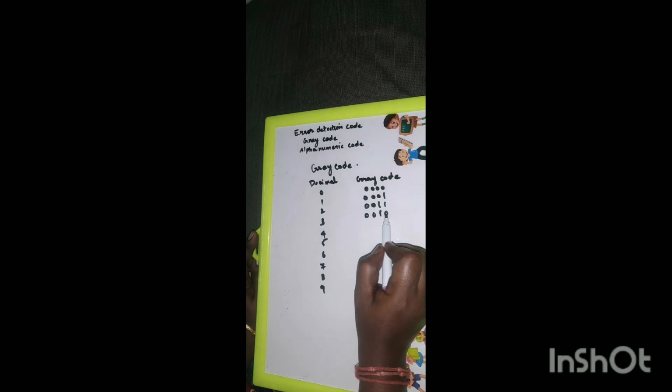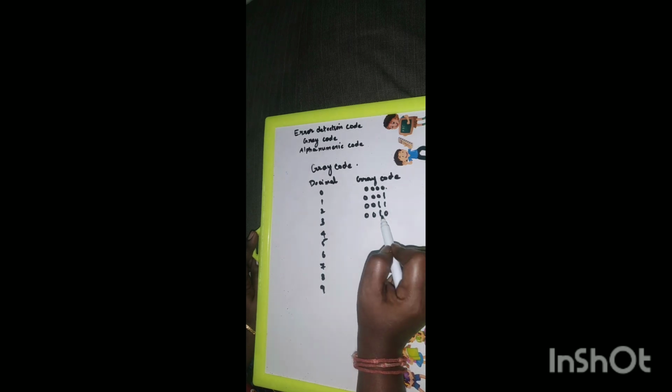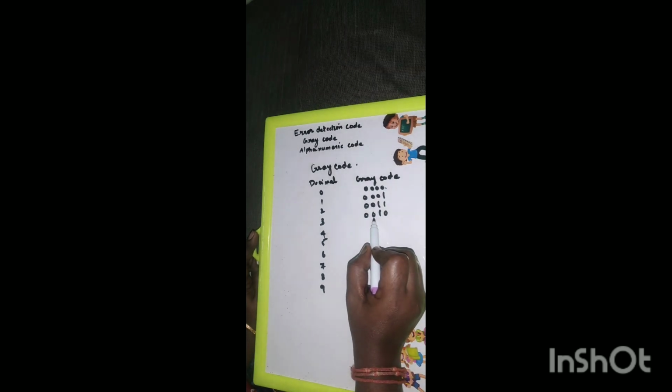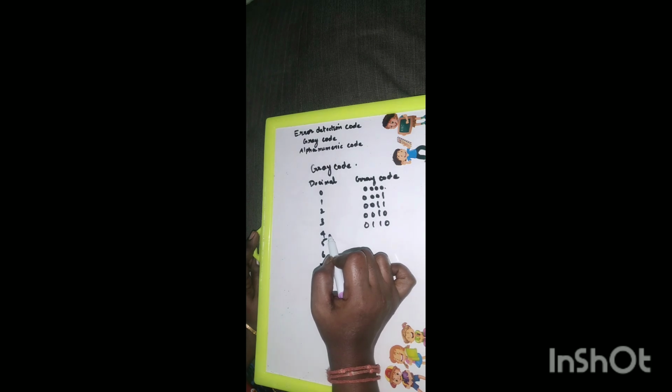It is already there, so we should shift to the next position. If we change this 1 to 0, it becomes 0 0 0 0, 4 zeros. It is also already there. So we should shift to the next position. The next position we have 0. We make it 1. 0 1 1 0. This is the new gray code, and it is used to represent 4.